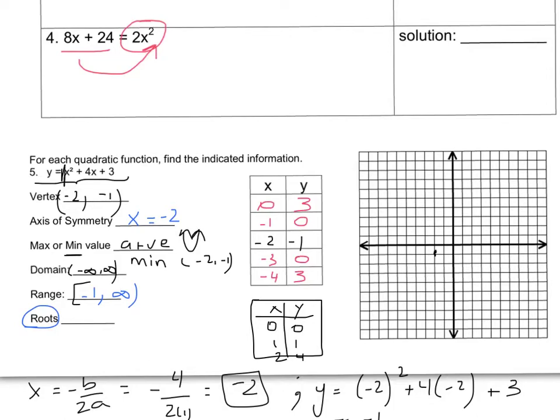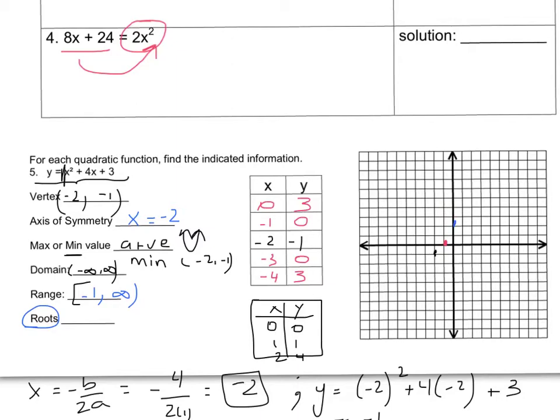Since a is positive, you start with the vertex, and this is 1, so you move up 1 and to the right 1. Or you can move up 4. So let's do that. Up 1 and to the right 1, so this is going to be my first point. And then you move up 4, so 1, 2, 3, 4, and then 2 to the right.